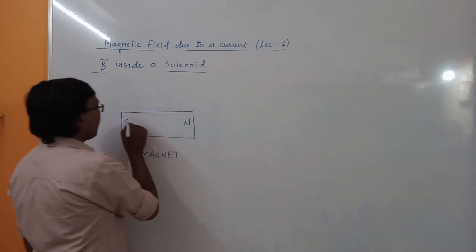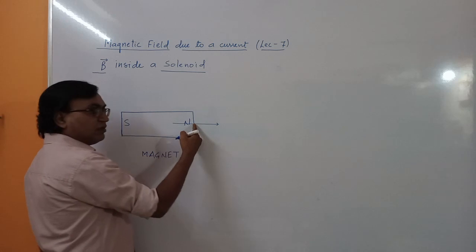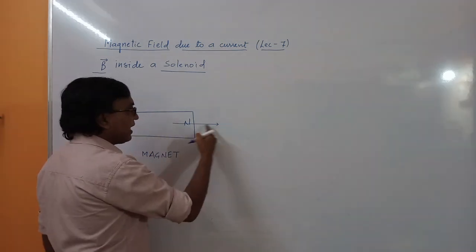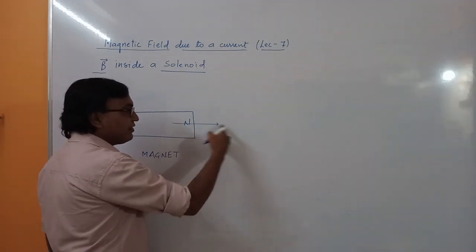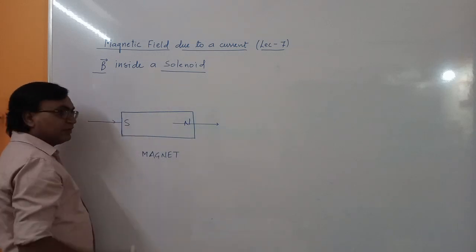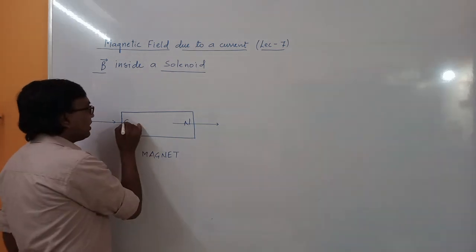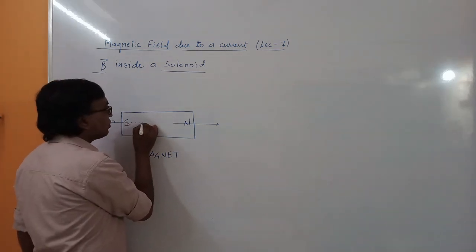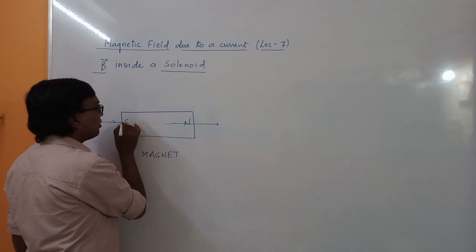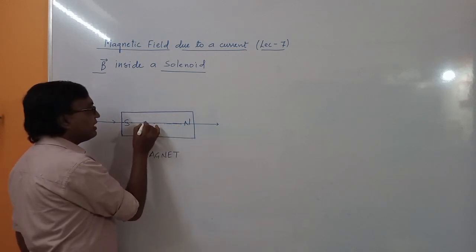So the magnetic field line here, at the north pole, is away from the north pole, and here the magnetic field line will be moving towards the south pole. So inside the magnet, the magnetic field lines are along this direction. So this is the direction of the magnetic field line.